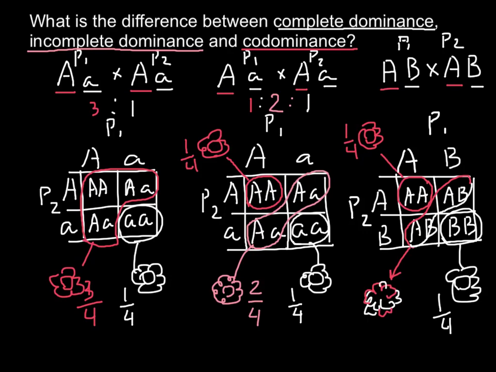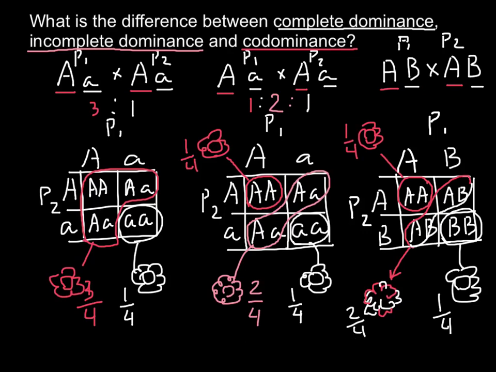So this would be an example of codominance, when both alleles would be expressed, and we are going to get here 2 out of 4 of this genotype and phenotype.